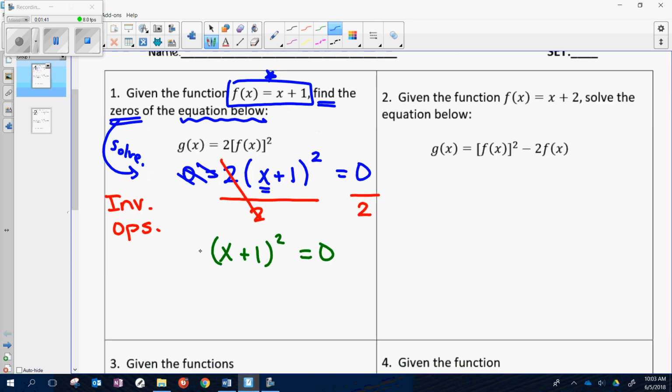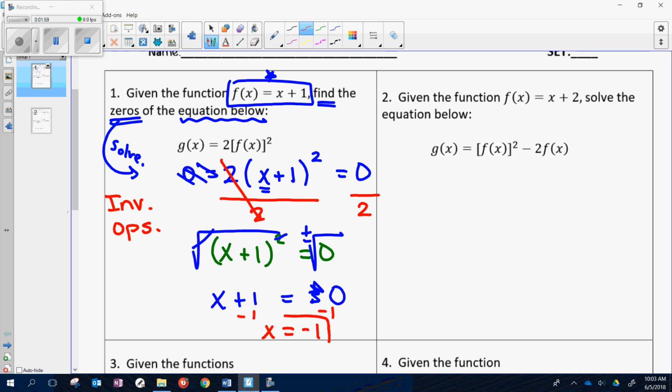Then I'm going to take a square root and put a plus or minus. I now have x plus 1 equals plus or minus 0, which, by the way, is just 0. And I'm going to subtract 1 and end up with x equals negative 1.